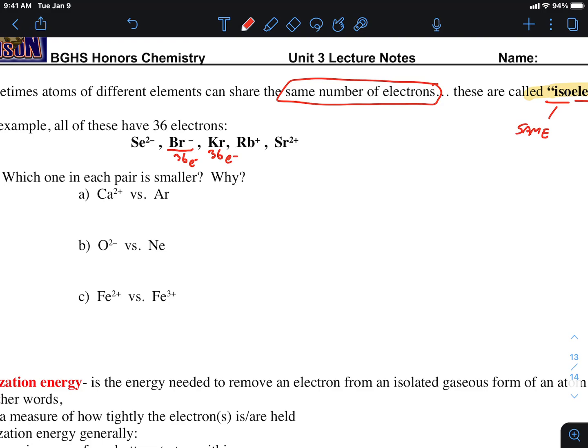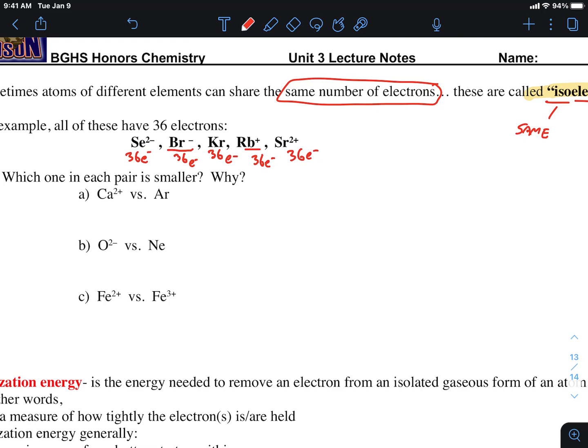Selenium is element number 34, but if it's got a minus 2 charge, that means it has gained 2 electrons, and that's how it has 36. All right, let's go the other direction. Rubidium is element number 37, but if it's positively charged, it has lost an electron. Okay, do you guys catch my drift here?